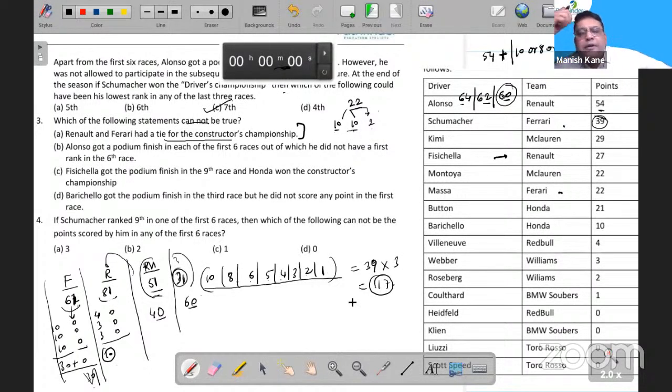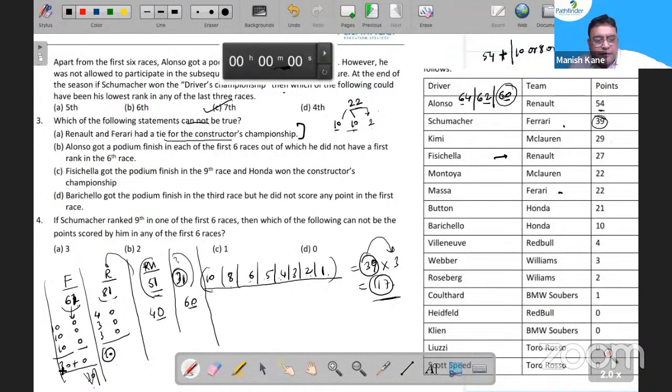Are you getting the point here? That teams are scoring 10, 8, 6, 5, 4, 3, 2, or 1 points. So in the last 3 games, the total of all points scored by all the teams will be 10 plus 8 plus 6 plus 5 plus 4 plus 3 plus 2 plus 1, 39 multiplied by 3. So in the last 3 games, 117 points will be distributed.